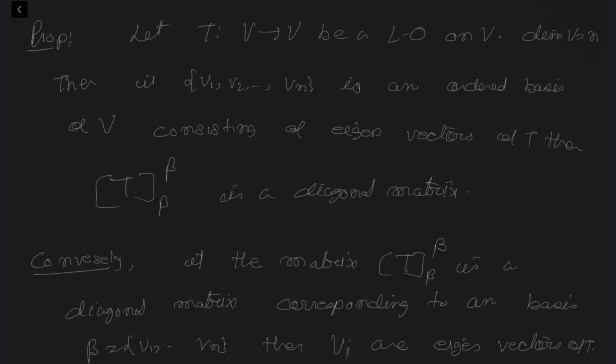If I have a basis of eigenvectors, then the corresponding matrix will be a diagonal matrix. And if I have a diagonal matrix, it means that the corresponding basis must consist of eigenvectors. So it works both ways.